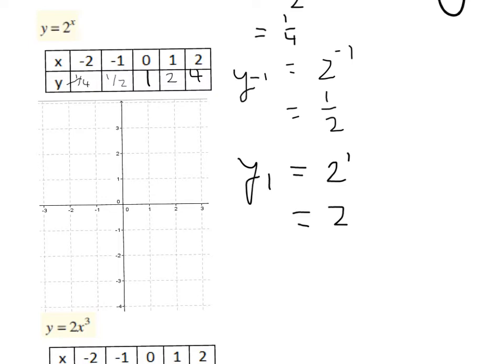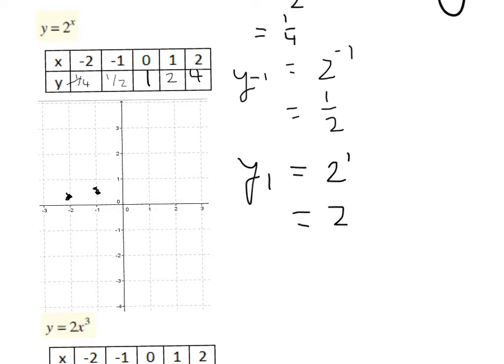Alright, so I'm plotting my points. So minus 2, starting at the origin, back 2. Up 1/4, so it's going to be about a quarter between 0 and 1, so about there-ish, maybe a bit lower. The next point that I'm going to be plotting, starting at the origin, minus 1, back 1, up 1/2, so halfway between 0 and 1, so there he is, about there.